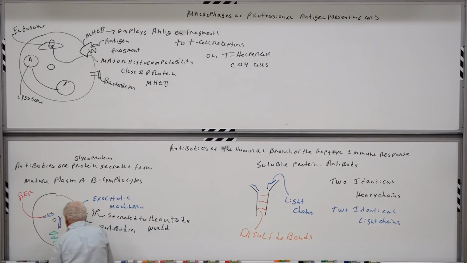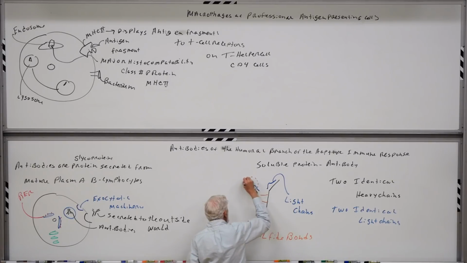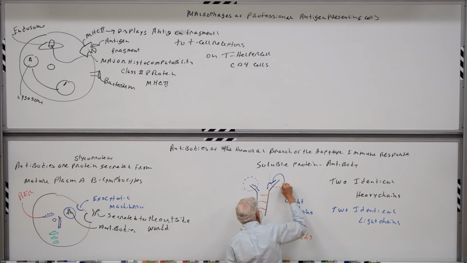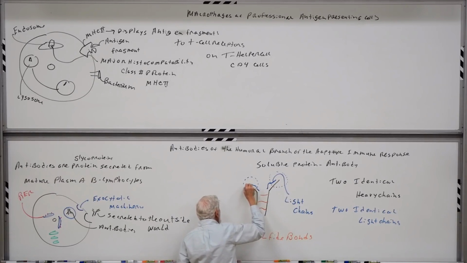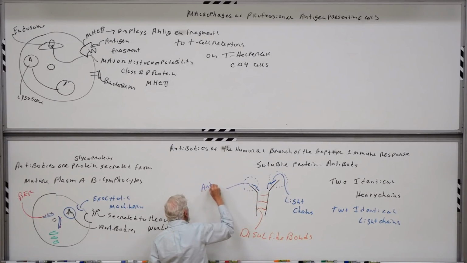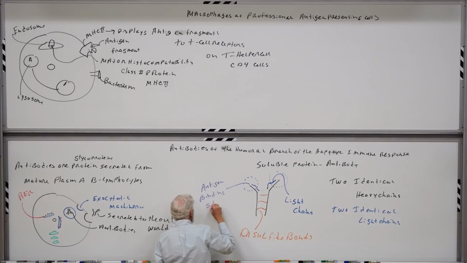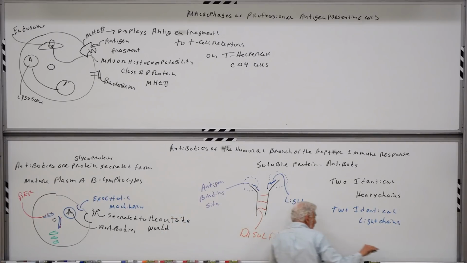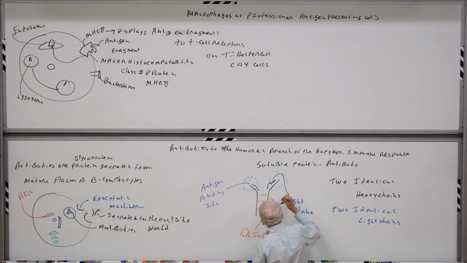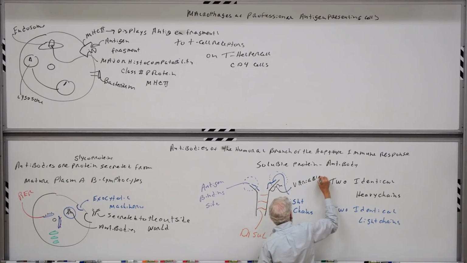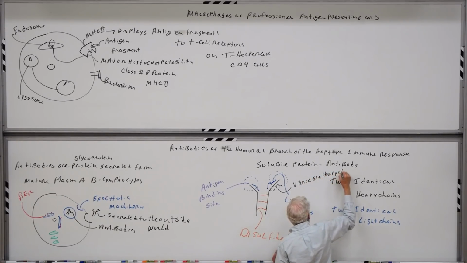Out at the end of the short arm of the Y, I'm going to put this in a purple dotted line. Out here is the antigen binding site. Now, the antigen binding site is composed of a region of the short arm of the Y known as the variable heavy chain.